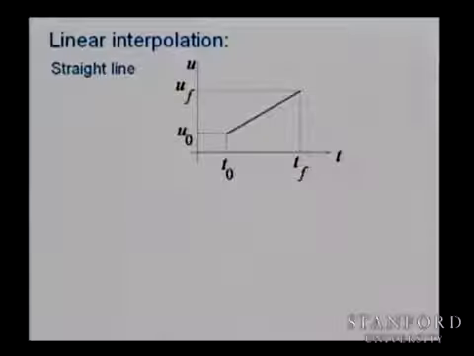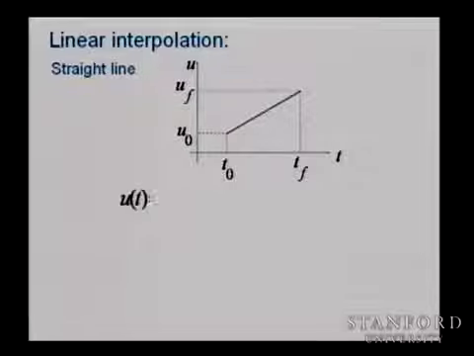So we'll move to linear now. Linear interpolation, straight line, right? We have starting time t sub 0, goal time t sub f, position at the beginning u sub 0, position at the end u sub f, and that's it.